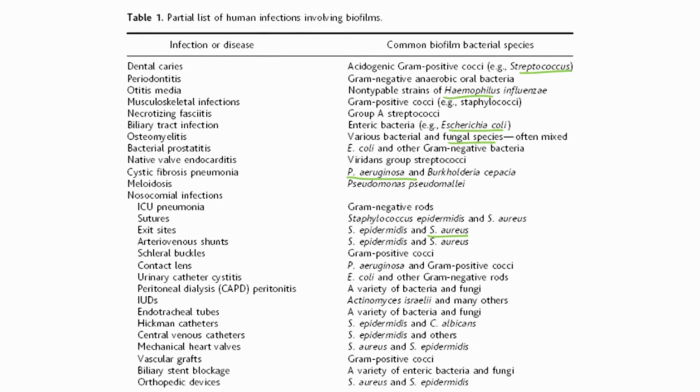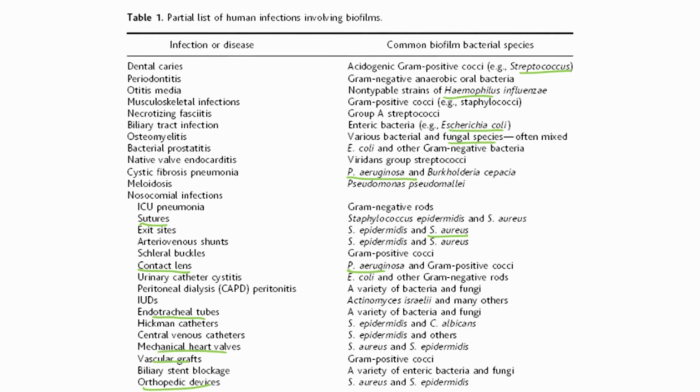So, you have sutures, even those little sutures that you put in, they get infected, create a lot of pus, and you have to remove them. Then you have contact lenses, which get infected with Pseudomonas, forming a layer over your contact lens, which is not very good. You have endotracheal tubes, vascular grafts and mechanical heart valves, which we talked about in the previous slide, and orthopedic devices, which are heavily used for any kind of fracture.